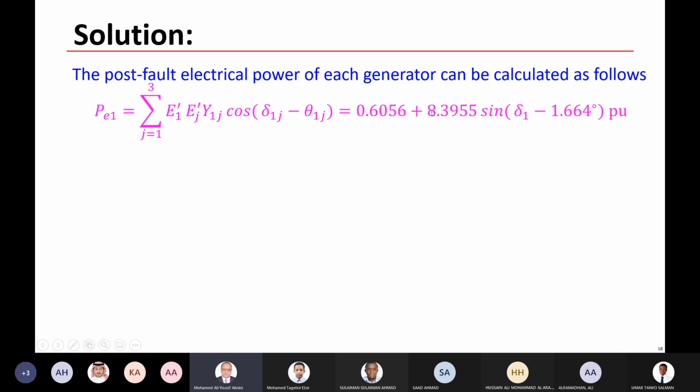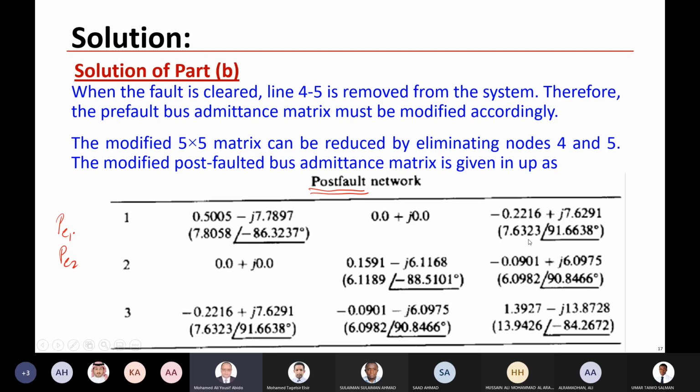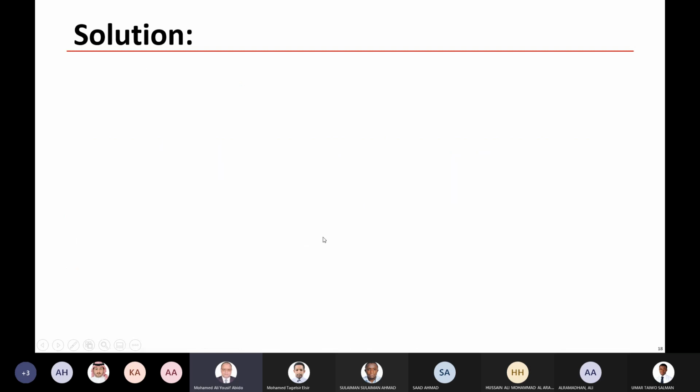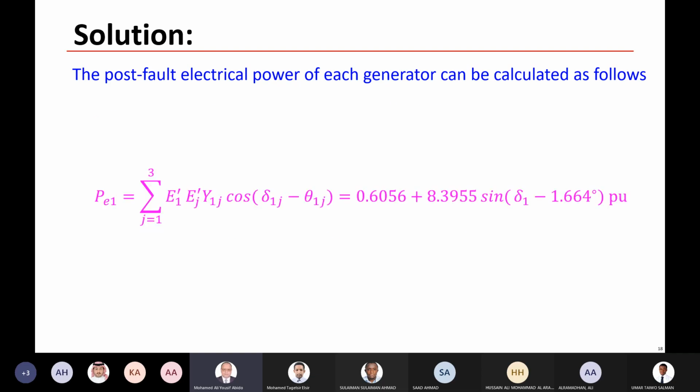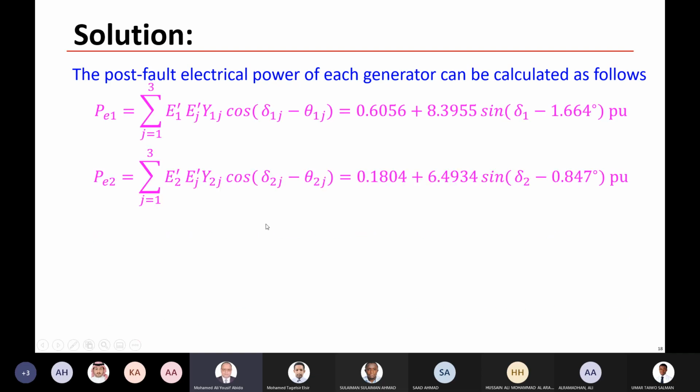So you end up with this value. Of course, we have Y13 here, which is magnitude and angle. So you end up with this BE1. And similarly, you can get the BE2.